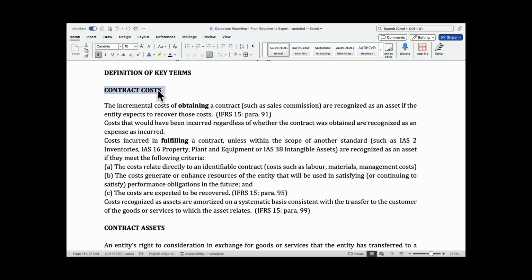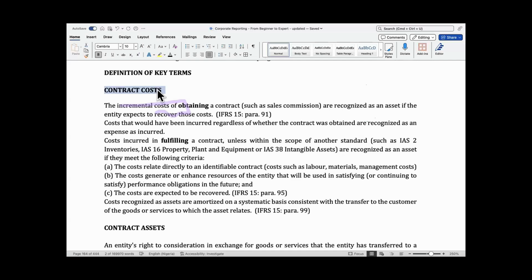Let's say you are doing a job for a customer. All the costs, you'll be accumulating them, assuming that you have not collected your money. So as soon as you are collecting your money, then you can be expensing that cost to P&L so that you can be matching the cost with the revenue.